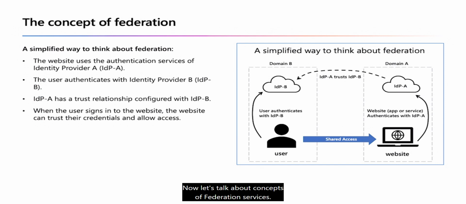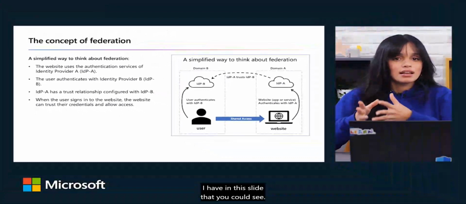Okay. Now, let's talk about the concepts of federation services. What happens if you are trying to access services that are not just limited to your environment, and you want to access these services from other environments? Let's take a very quick example I have in this slide.